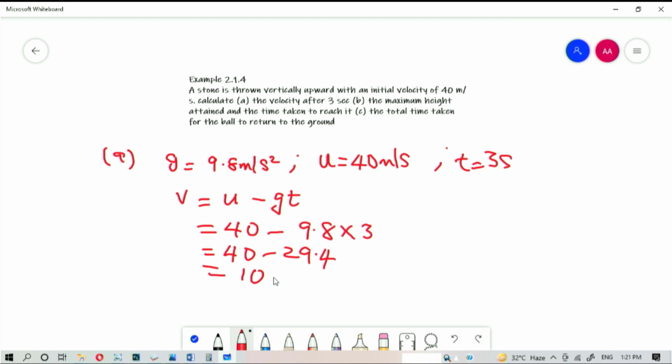So our velocity is equal to 10.6 meters per second.